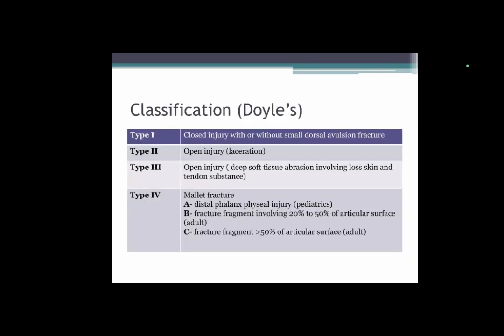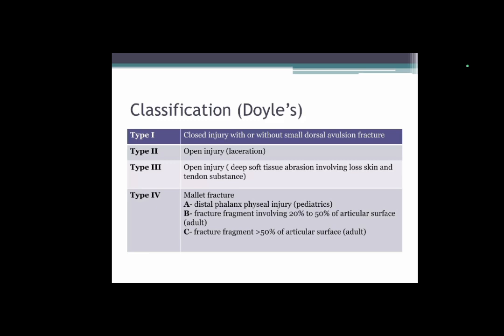Next, we look at the Doyle's classification of mallet finger. Type 1, closed injury with or without a small avulsion fracture. Type 2, open injury with tendon laceration. Type 3, open injury with loss of skin and tendon substance.